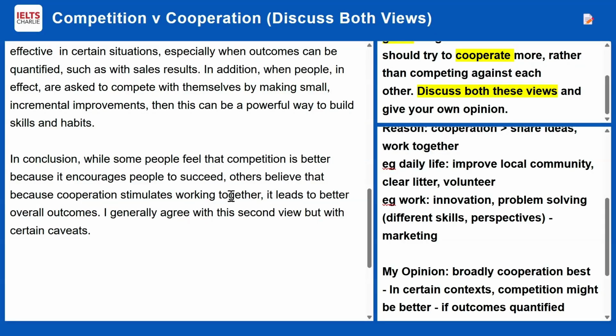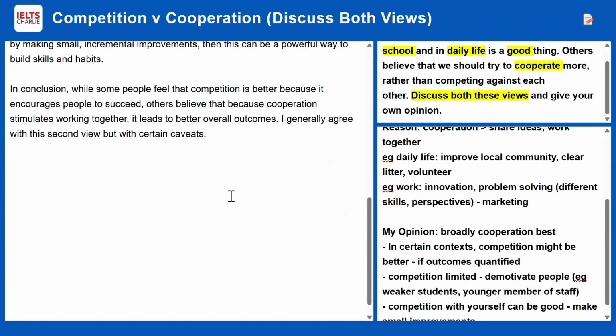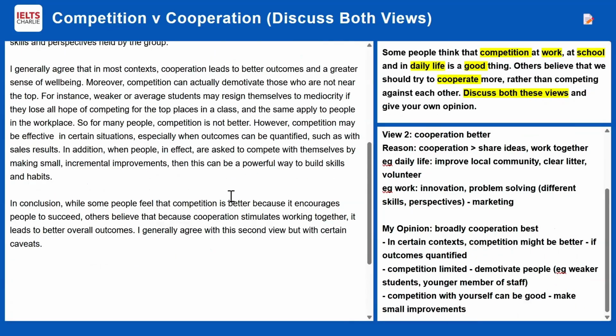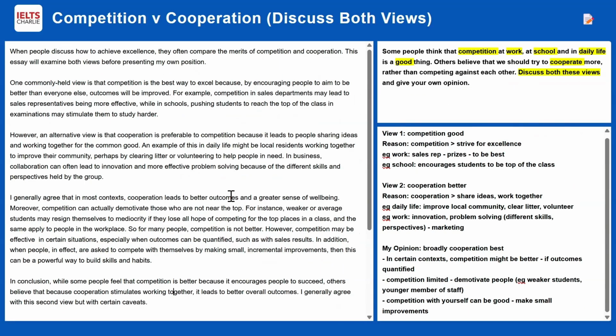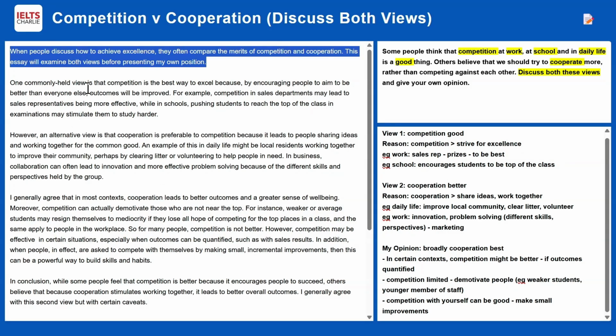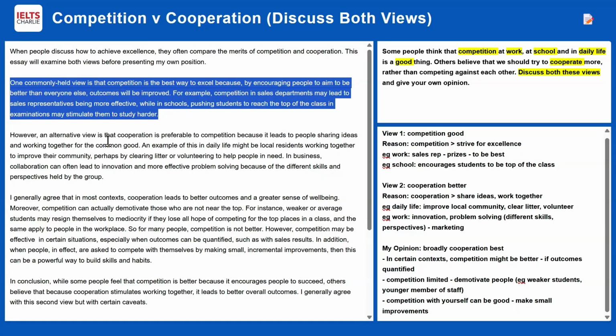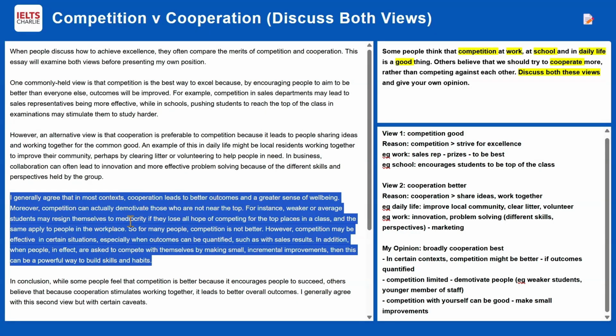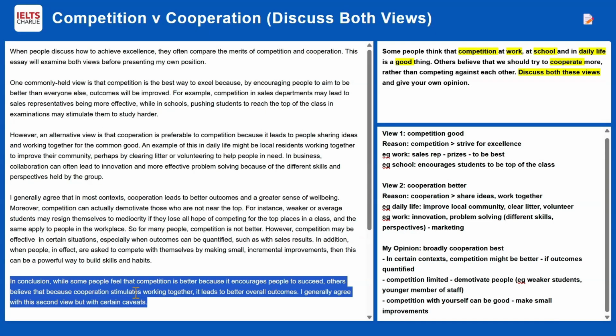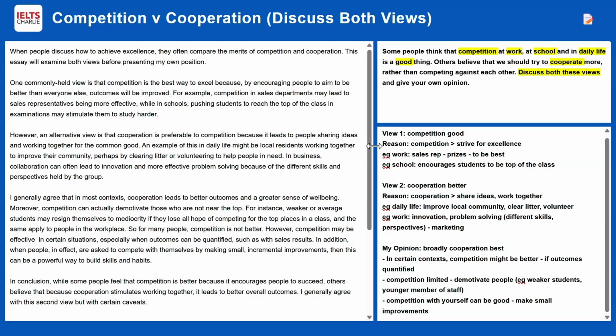So there is my finished essay. So I've ended up writing a 5-paragraph essay: the introduction, discussion of the first view, discussion of the second view, discussion of my view, and a very brief conclusion.